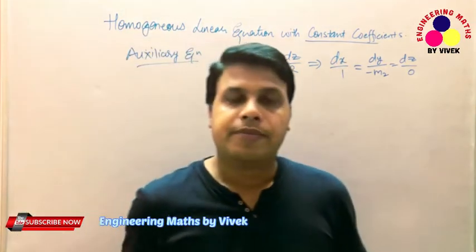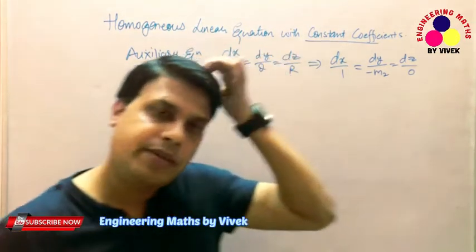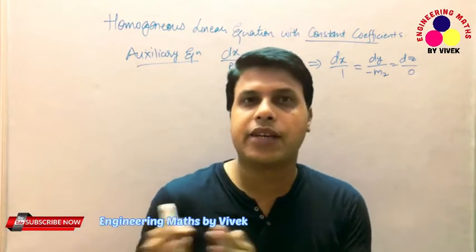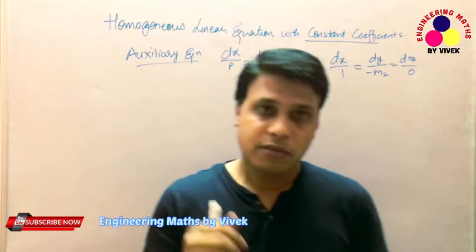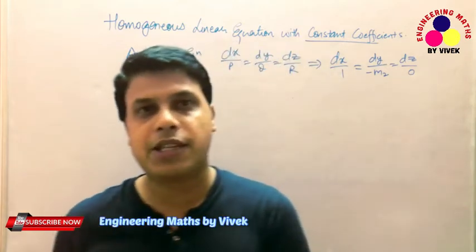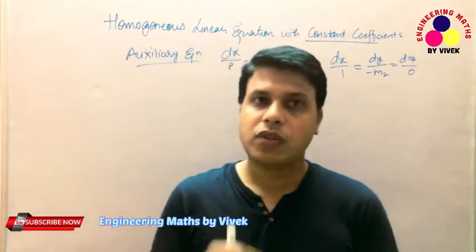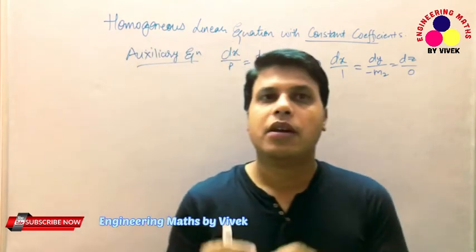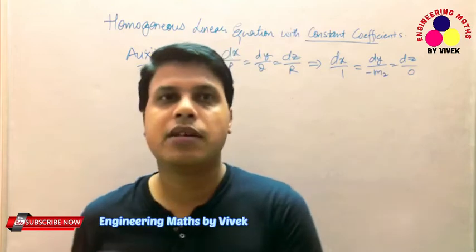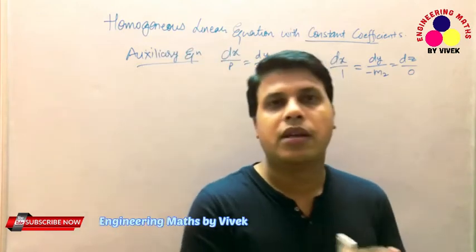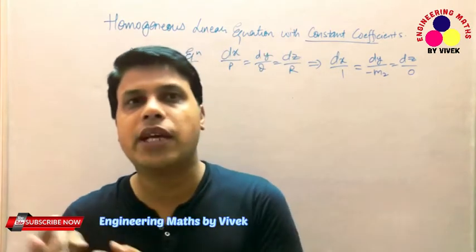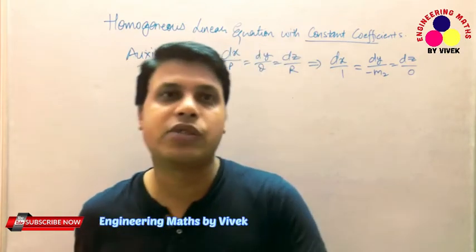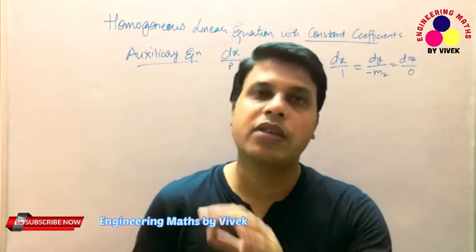Now in this equation there are two variables, x and y, on which z is depending. So we have to get two arbitrary constants. Whatever the number of variables, we have to get the solution in the same manner. If there are three variables, then we have to have three arbitrary constants in the solution.